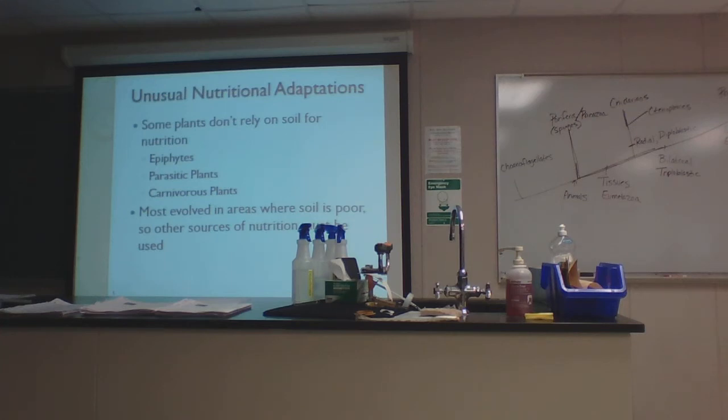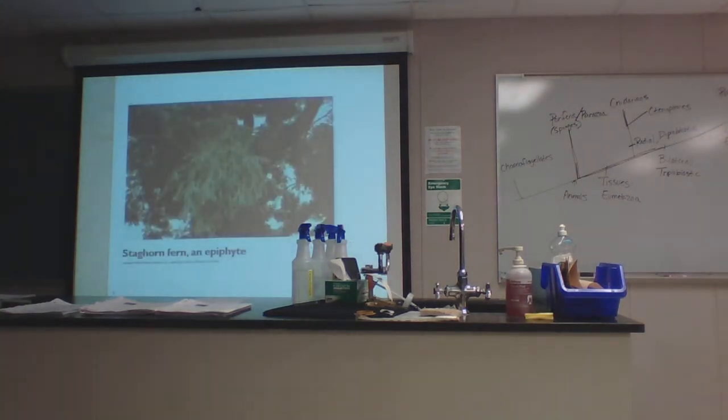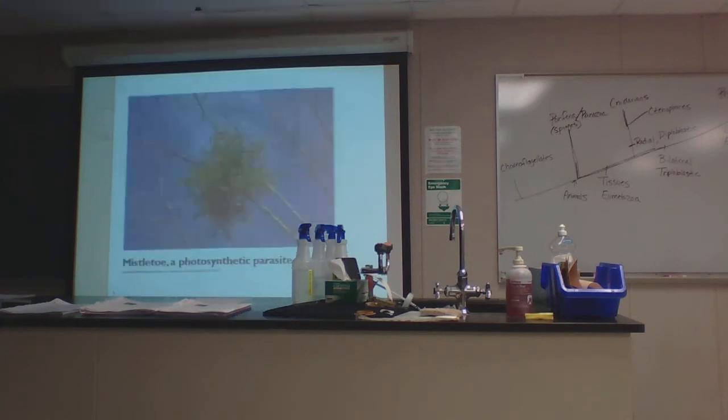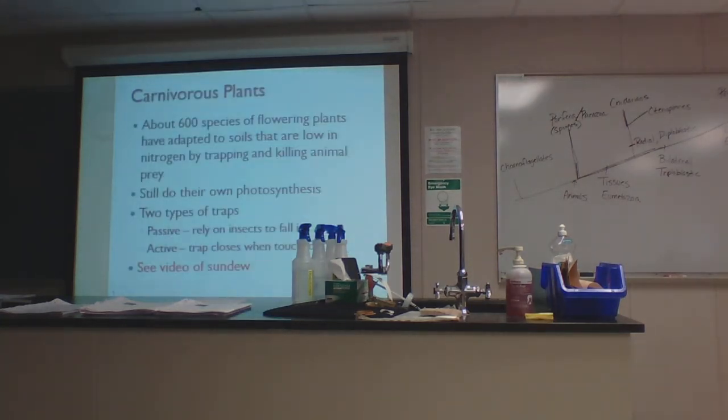Okay, and then we have these special types of plants. You've got the epiphytes that grow on other plants, but they don't actually suck anything out of the other plants, like ball moss. There's an epiphyte there. You have parasitic plants that do suck stuff out of the plant they're growing on, like mistletoe and dodder. And then you have the carnivorous plants, which trap animals to get their nutrients.